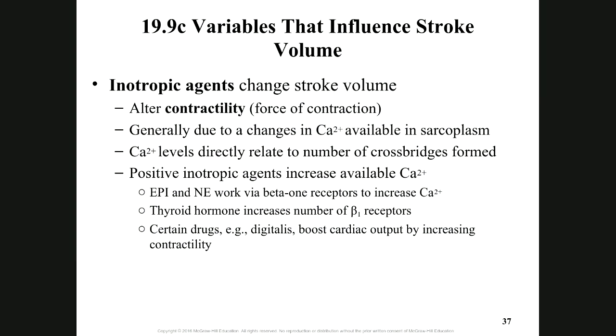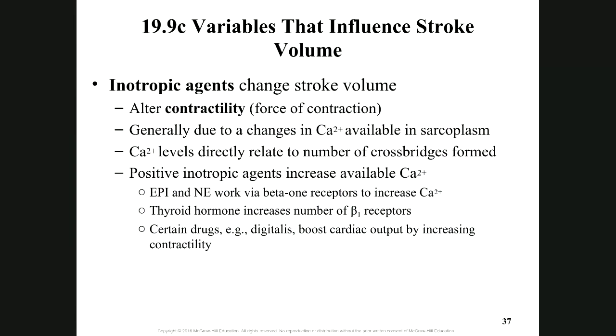A positive inotropic agent can increase the calcium ion concentration, which results in formation of additional cross bridges. Positive inotropic agents include norepinephrine that is released from the sympathetic neuron, and epinephrine and norepinephrine from the adrenal medulla.